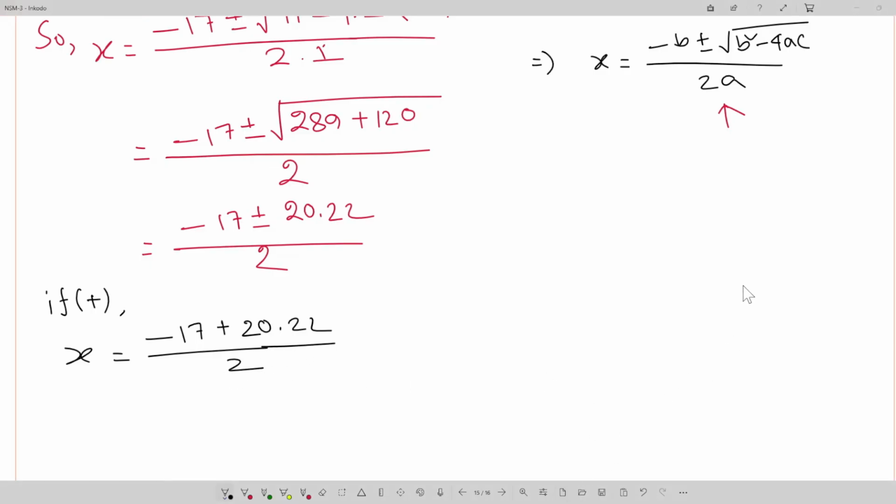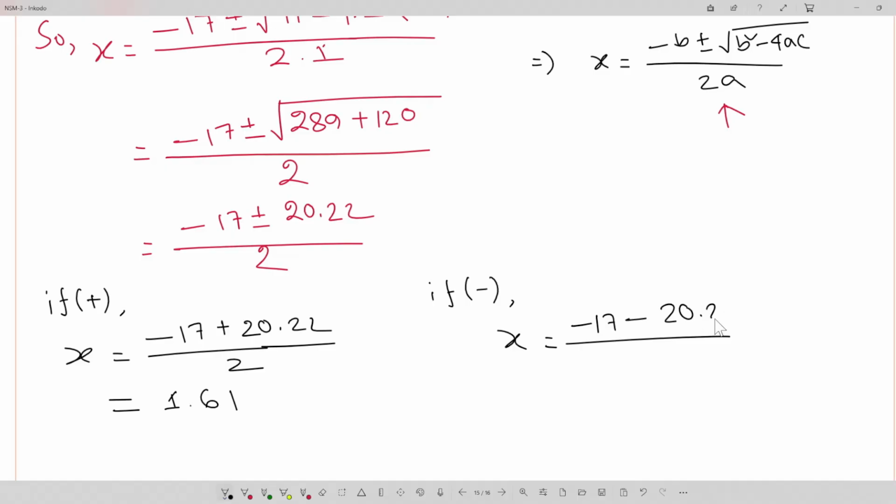So what's happening here? 20.22 minus 17, it will be 3.22, divide 2. So here is 1.61. If minus, x equals minus 17, then minus 20.22, divide 2.